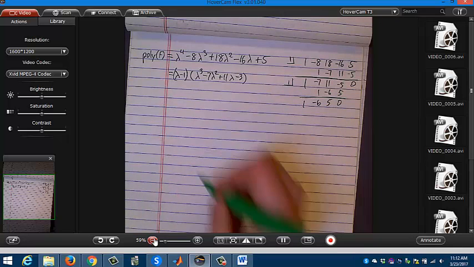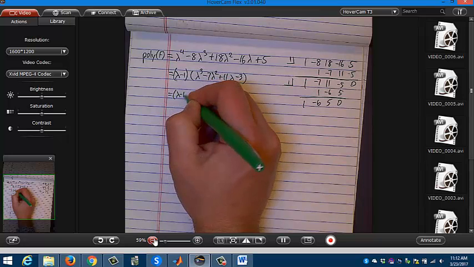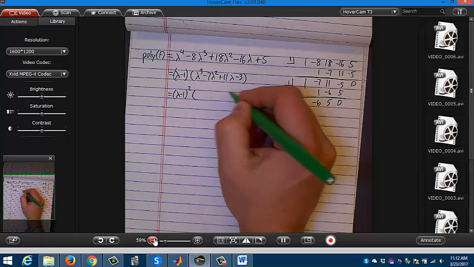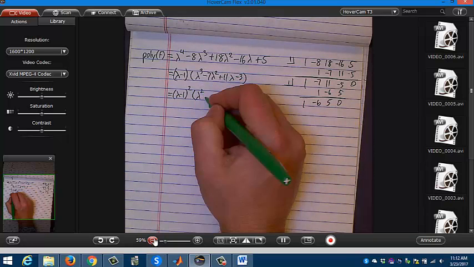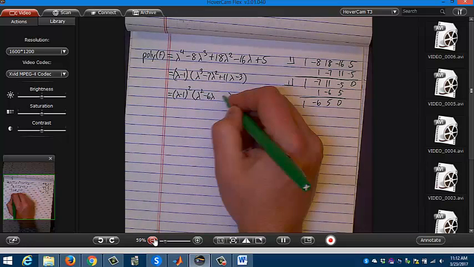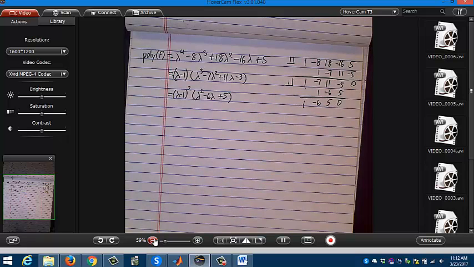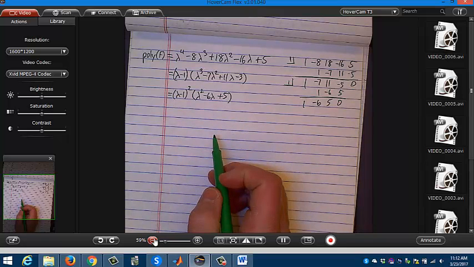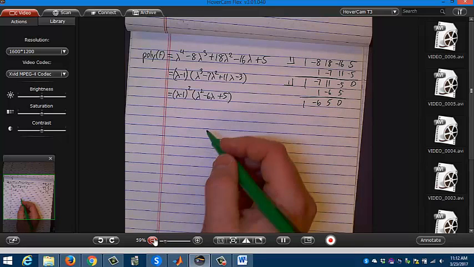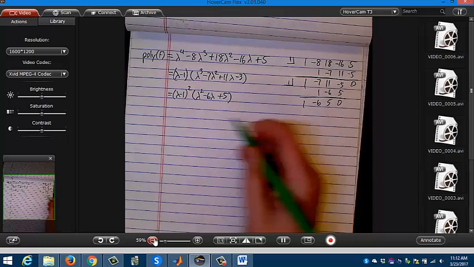And so another way to write this is lambda minus 1 squared times what? It would be lambda squared minus 6 lambda plus 5, right? Which factors into what? Lambda plus 6, lambda minus 1.